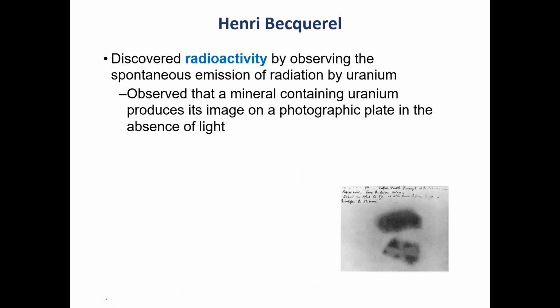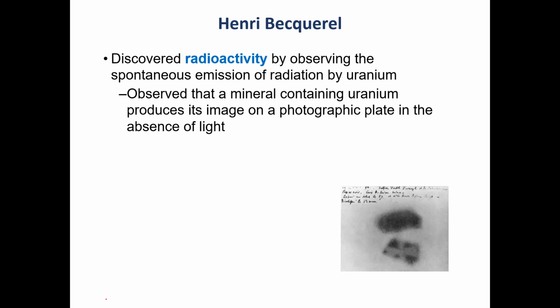So later on, Henri Becquerel did some experiments, and we learned about radioactivity. So what Becquerel did was he had a mineral that contained uranium, and he would put it over some photographic plates. And initially he was doing this on the windowsill so that the sunlight would hit the uranium and produce some images.